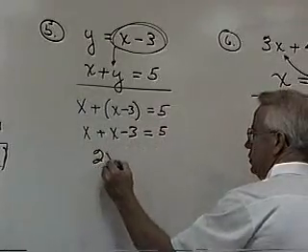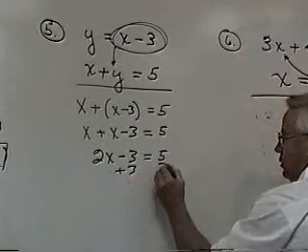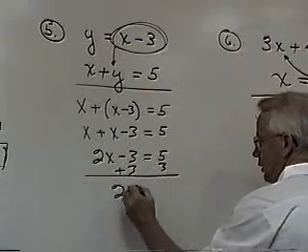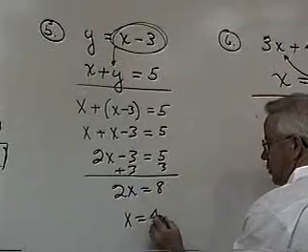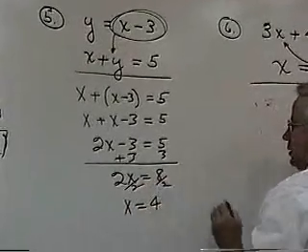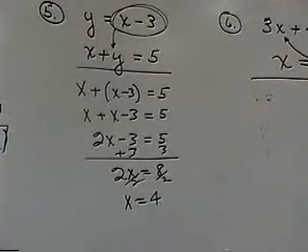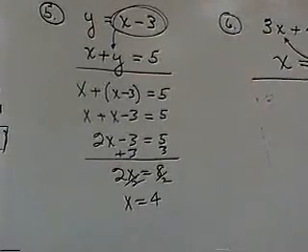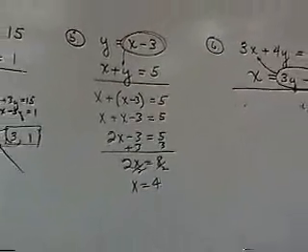So this gives us 2x minus 3 equals 5. Moving the 3 across, we get 2x is equal to 8. So x is equal to 4. Dividing. And so we get the same answer as we got before. Now this is the other method of doing this, and this is considered to be what is called the substitution method.